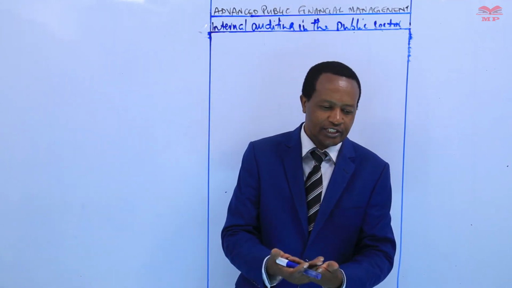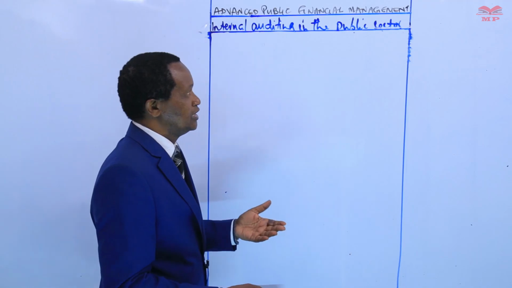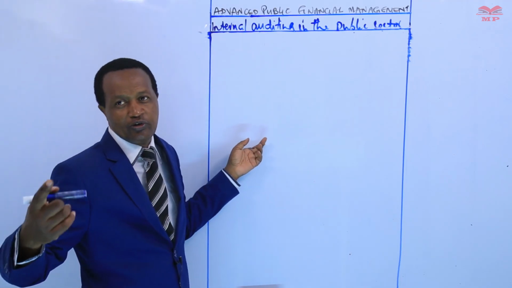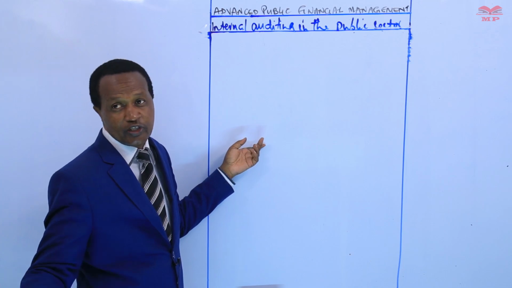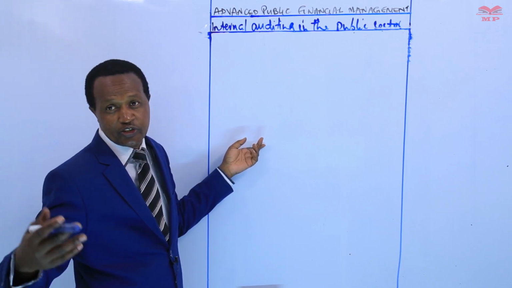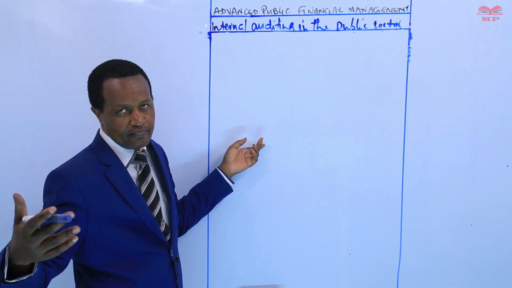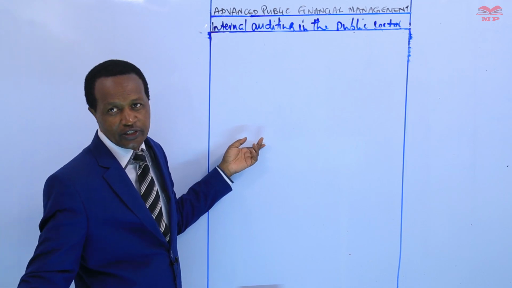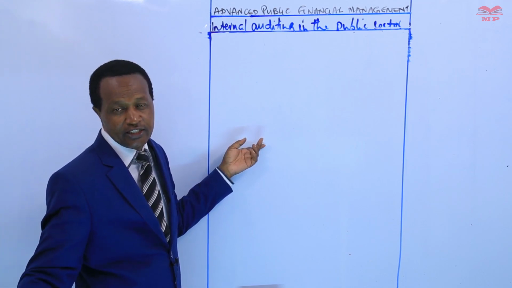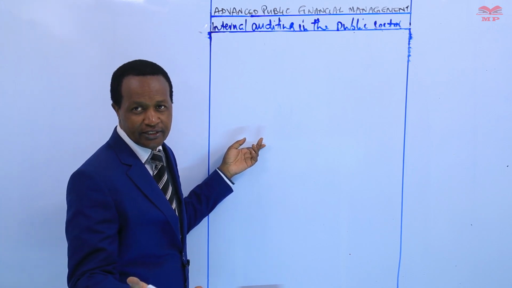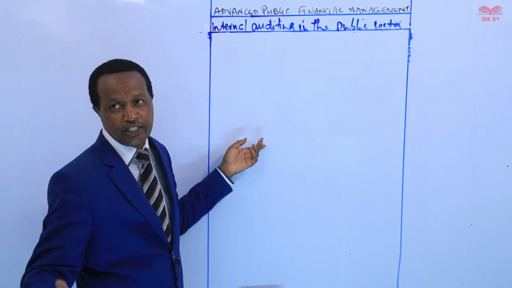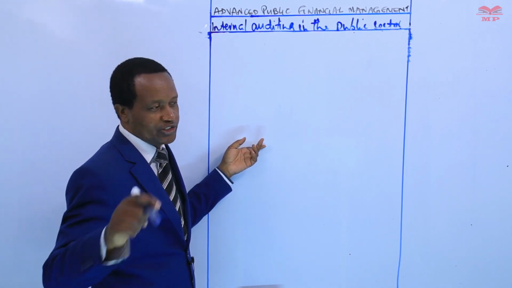So in today's lesson, we want to study the reporting structure of the internal audit function. The reporting structure of the internal audit function in the Kenya public sector is designed to uphold its independence and ensure its findings and recommendations are given due consideration.